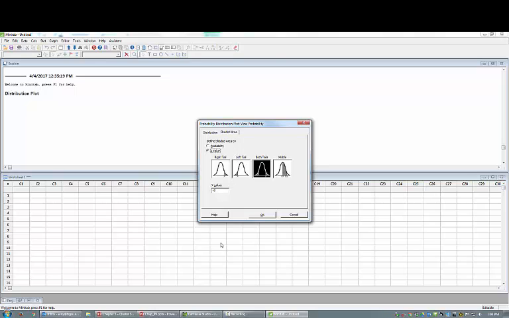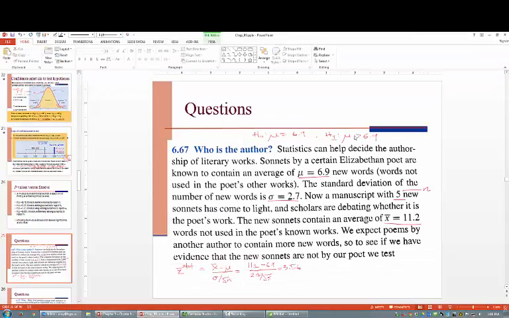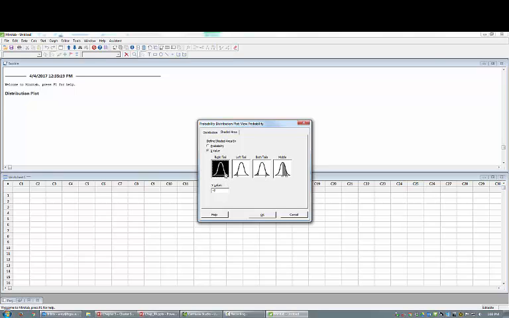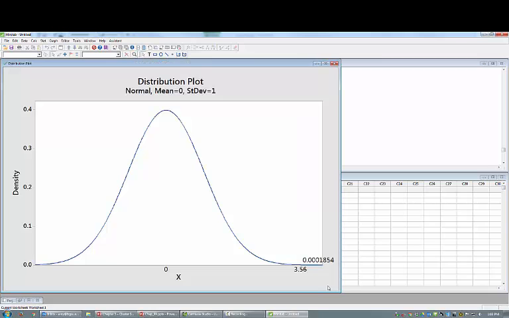You have the z-value, and what kind of a test is it? It's one-sided with a right-hand side, right? So greater than. So you want to pick the greater than side, right? The right-hand side. And you found out that the value is 3.56. You click OK, and Minitab gives you a p-value very, very close to 0.